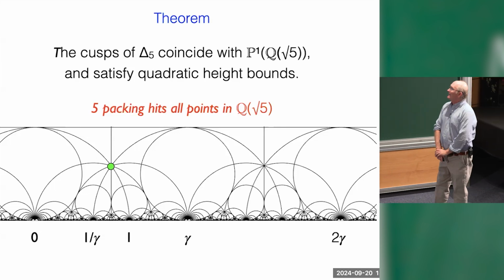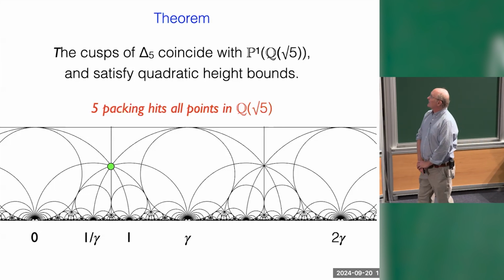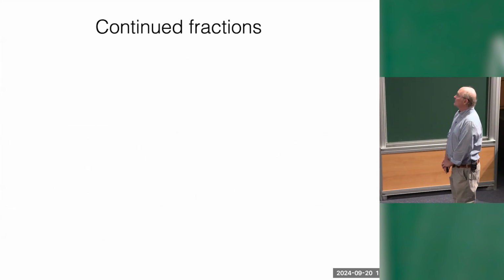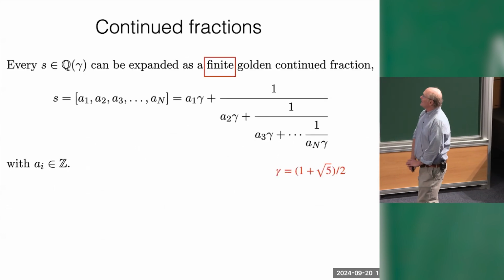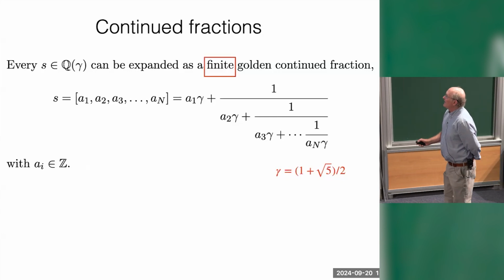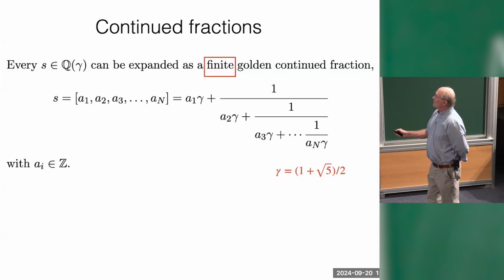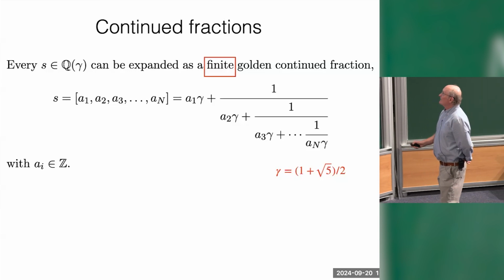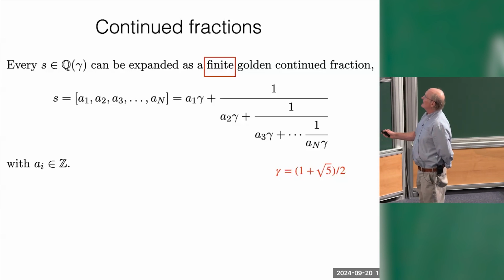Okay, so that's the statement of the theorem about delta 5. And it can also be stated in terms of continued fractions. So here's something I like to call the golden fraction of a number. We work in this field Q adjoin root 5. I put the generator to be the golden ratio, gamma, because I'm going to use that in defining continued fractions.